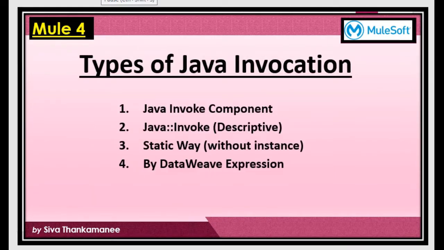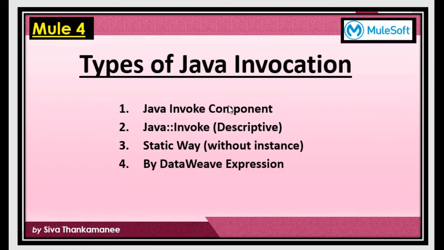So let's get started with the Java invocation. There are different methods and they are more or less similar, and the basics are the same. We are going to create a basic Java class, one with a static method and one without a static method. You can invoke it by using the Java invoke component, a visual way that you can drag and drop. Also you can invoke by using Java:invoke, which is a descriptive method.